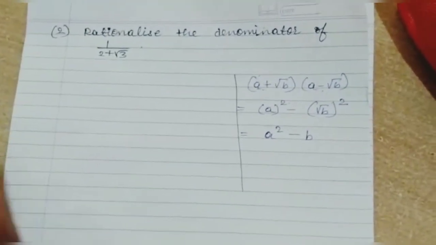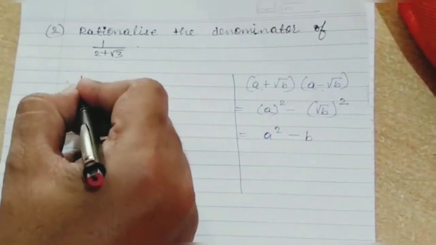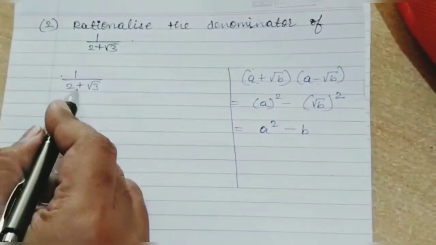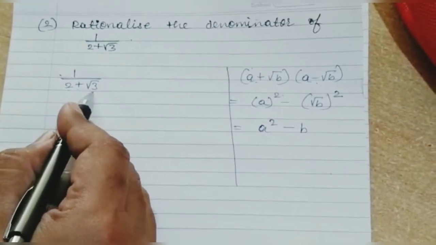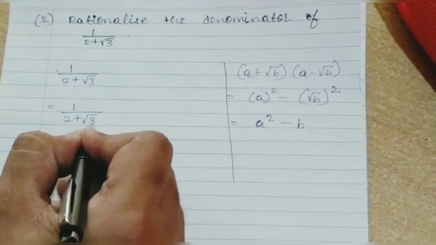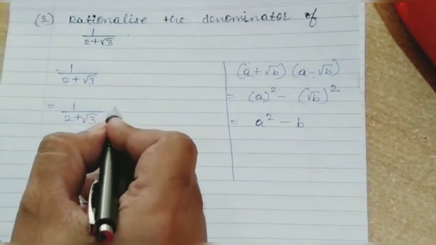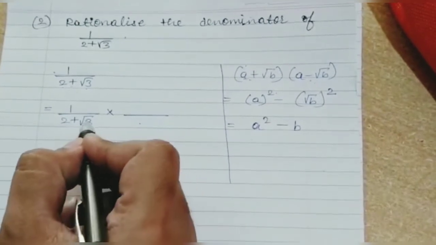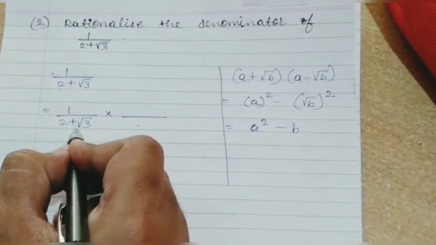As the denominator is in the form of a plus root b, here we need to multiply the numerator and denominator by the conjugate of this expression.